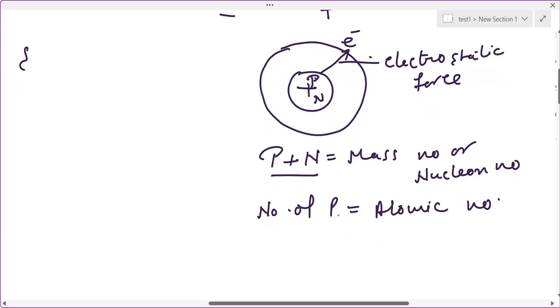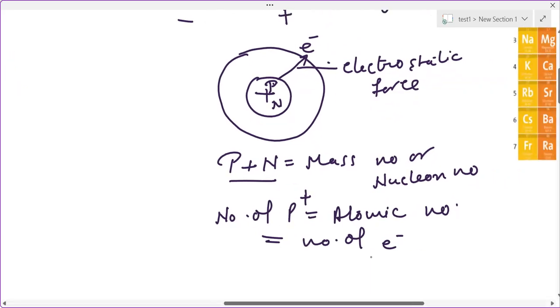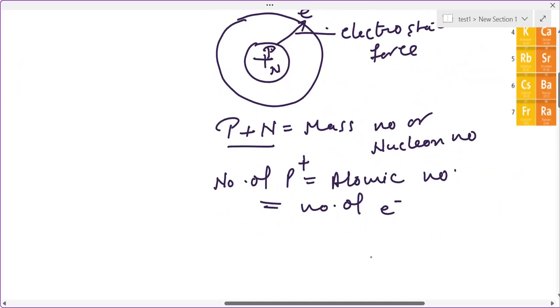It means when the number of protons is equal to the atomic number, we can find out the number of neutrons by subtracting the atomic number from the mass number. One more thing, the number of protons is equal to the number of electrons also. This proton has plus charge and electron has negative charge. These are some basic things about atom.